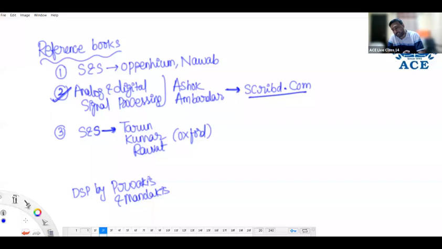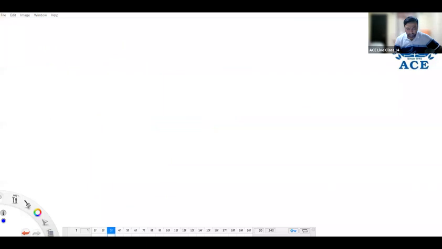Let us start the subject. What is the definition of the word signal? Signal means what? Everyone will say a signal contains information.